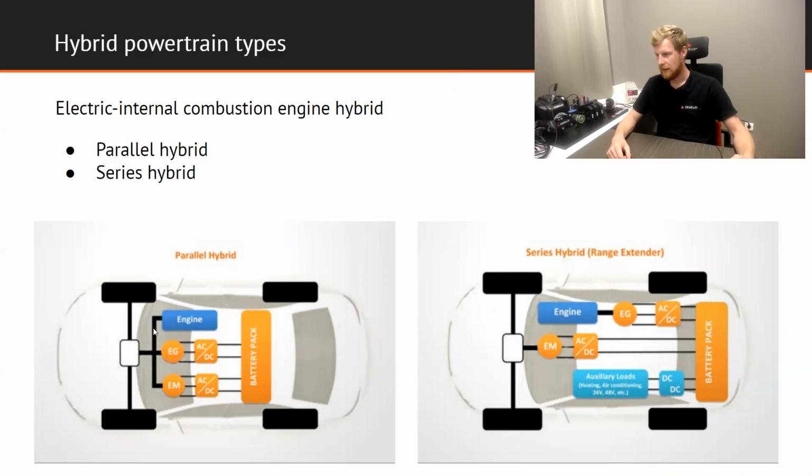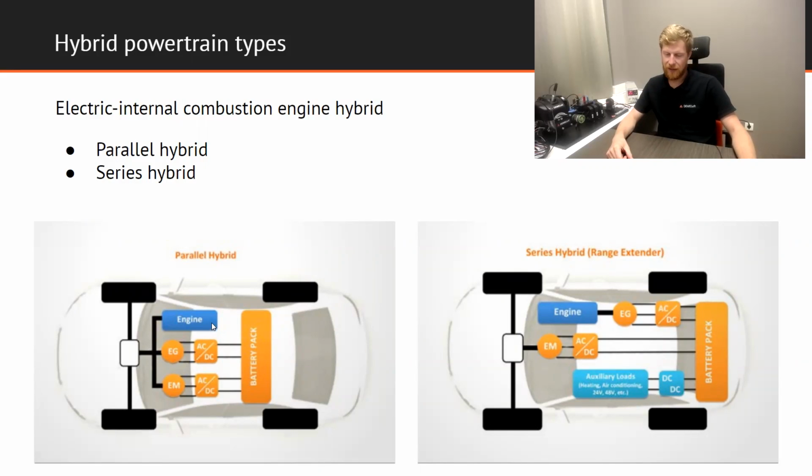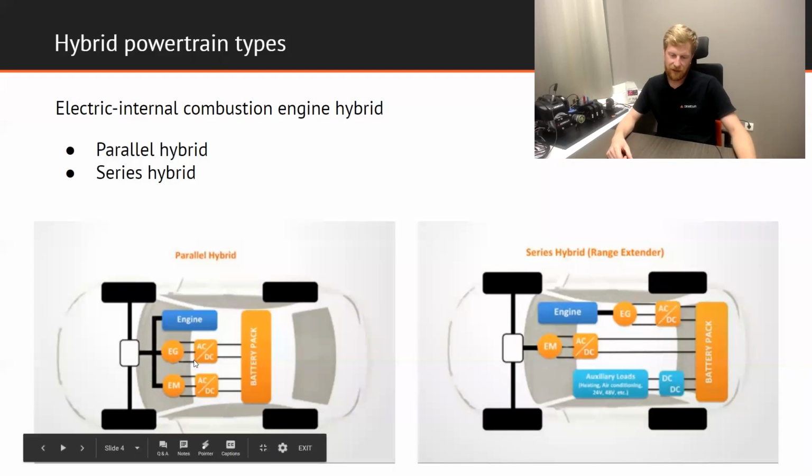They're mechanically coupled to the wheels, and both of them can give out electric or mechanical power to the same pair of wheels. The combustion engine in this case drives the wheels through the transmission, and the electric motor is also driven through the same transmission.